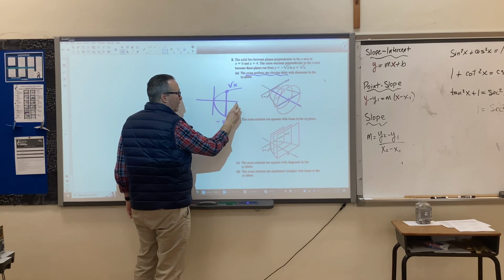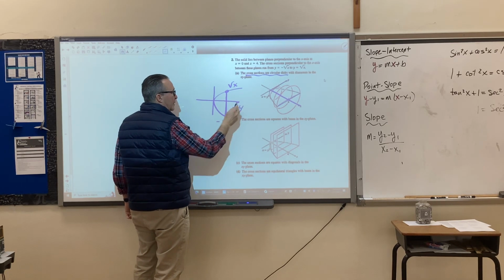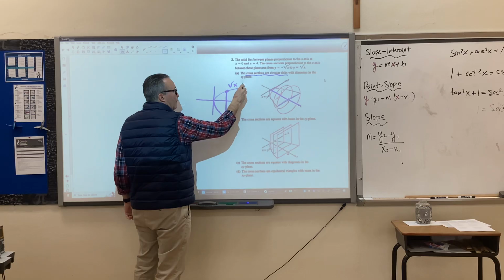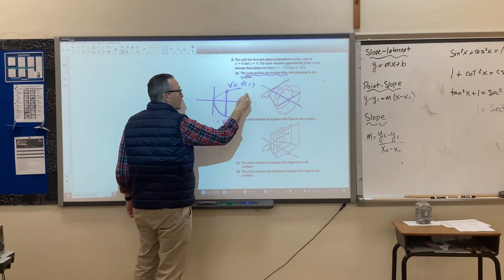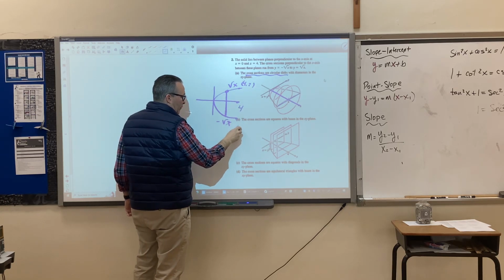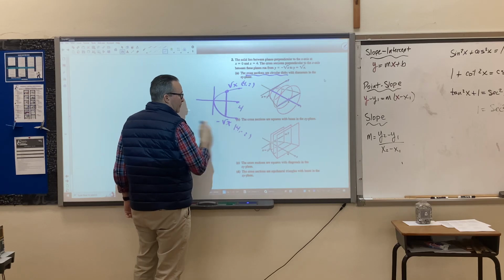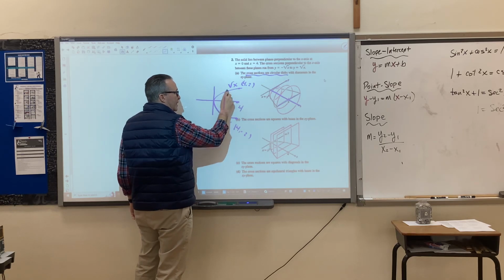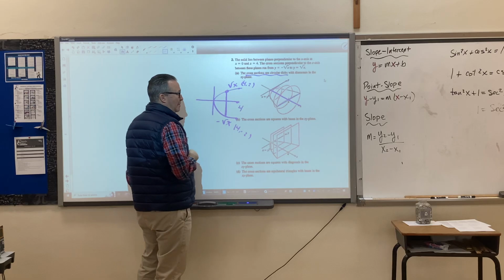And it looks like we go from 0 to 4. And this is the point 4, 2, and this is the point 4, negative 2, since it's negative square root of x. So this distance is a diameter.